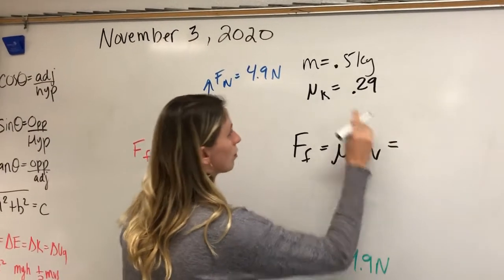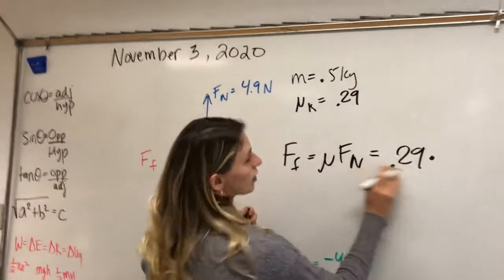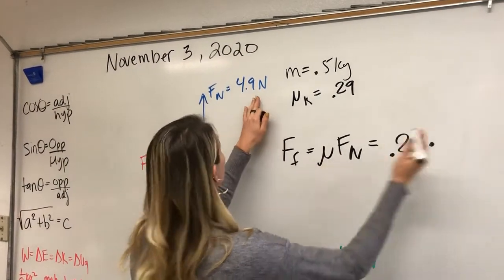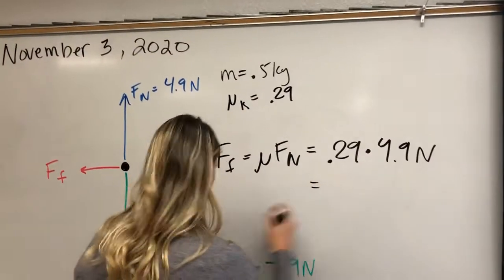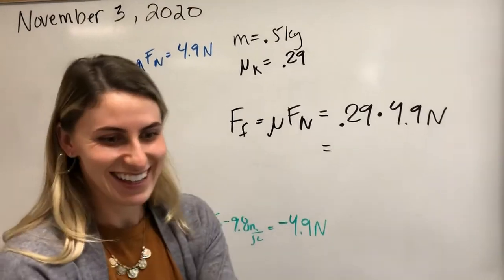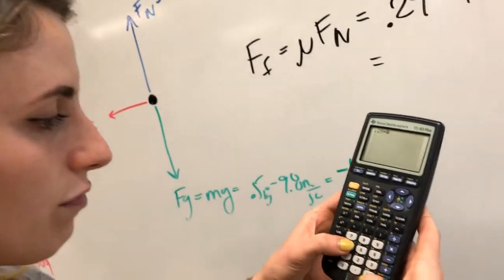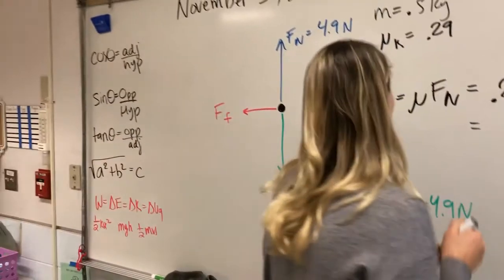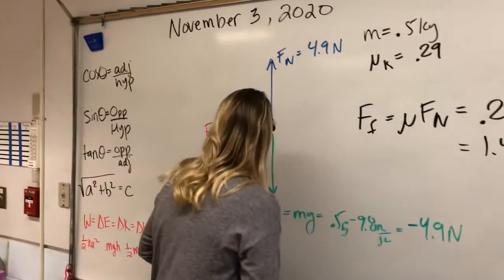So the force of friction is 0.29, the coefficient of friction, times 4.9 newtons. 0.29 times 4.9, and I get 1.42. So that's the force of friction. You can add that to your free body diagram.